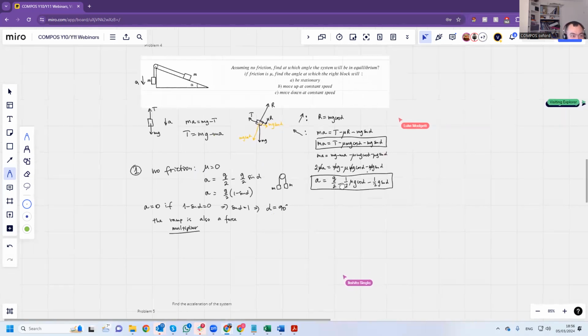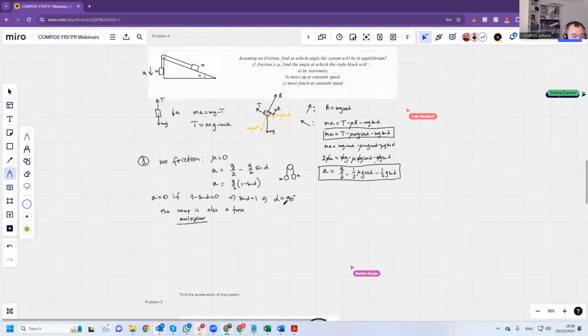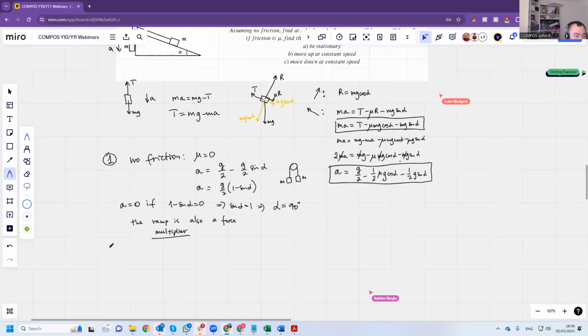Now, second scenario, friction is mu. Move up at constant speed. Okay, so to move up at constant speed, acceleration is 0.